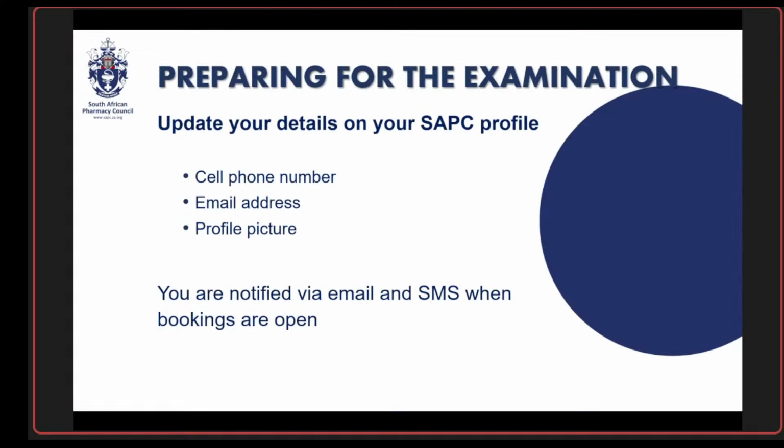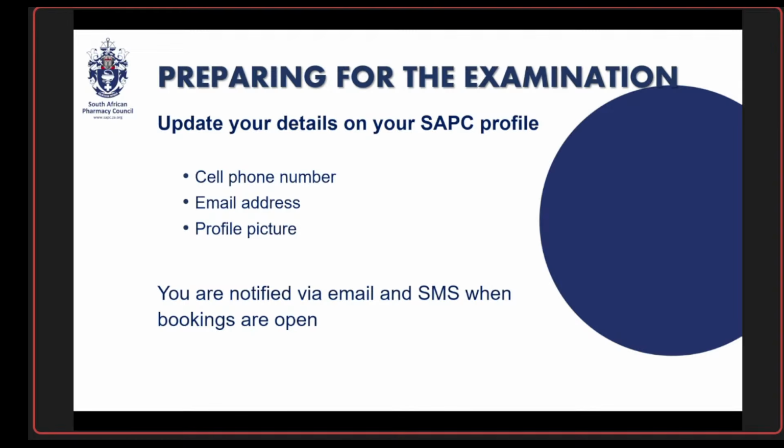In preparing for the examination, you have to make sure that all the details on the SAPC website are updated. That includes your cell phone number, your email address, as well as the profile picture. Most candidates do capture the email address, but somehow there's always a typo.